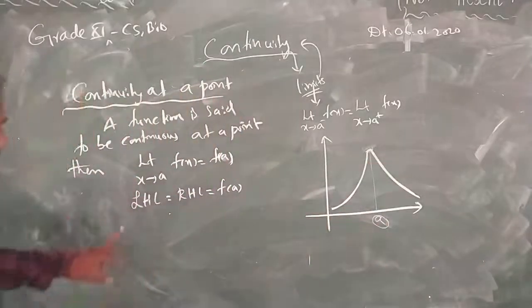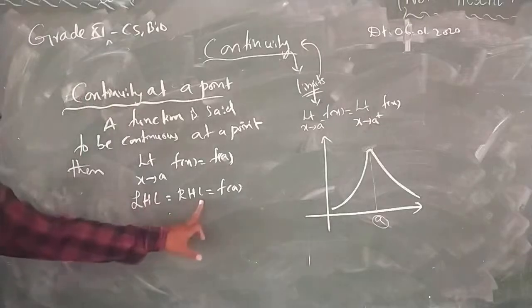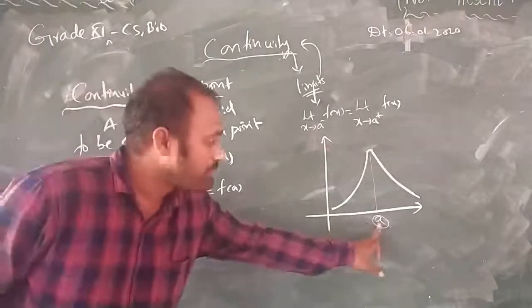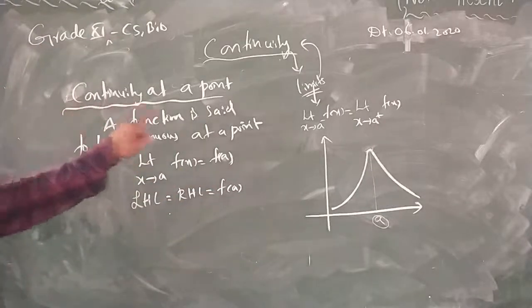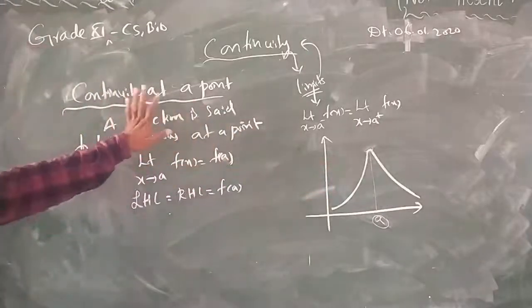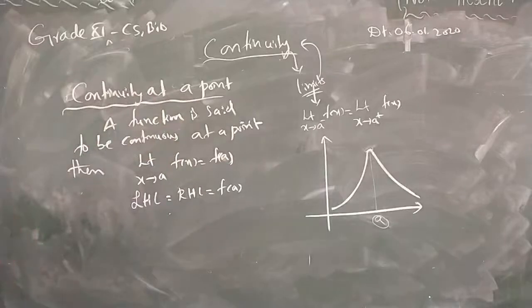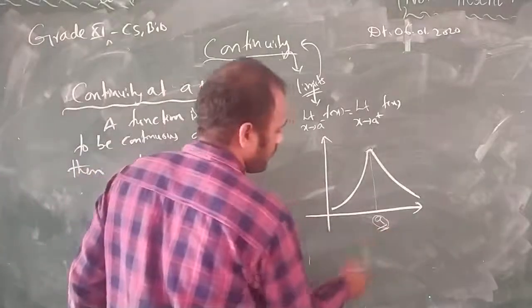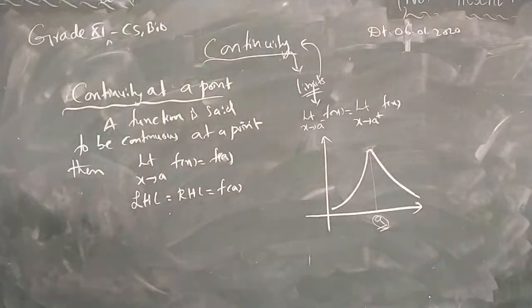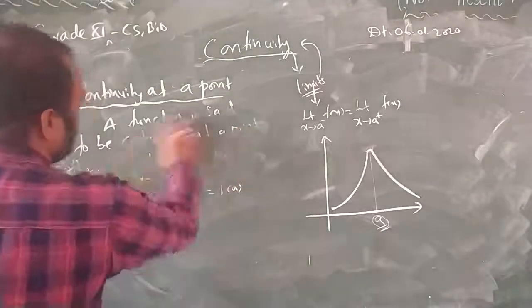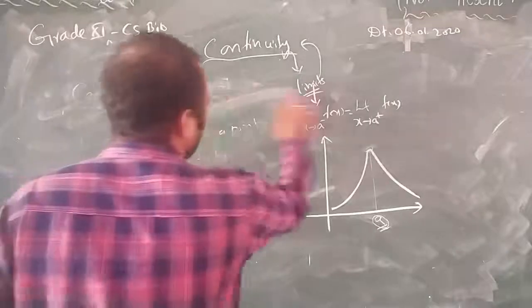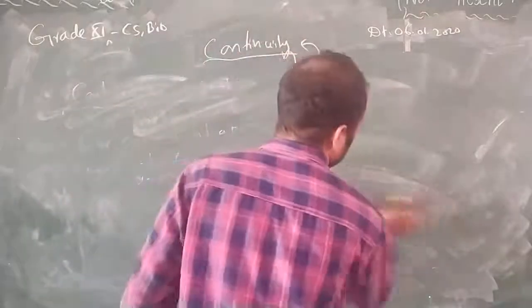So I can say that left hand limit is equal to right hand limit as well as the functional value. If these three things are equal, then I can say that the particular function is continuous at a point. Here we are taking a single point, so at this point the function is continuous. Now, let us take a few diagrams to understand better.